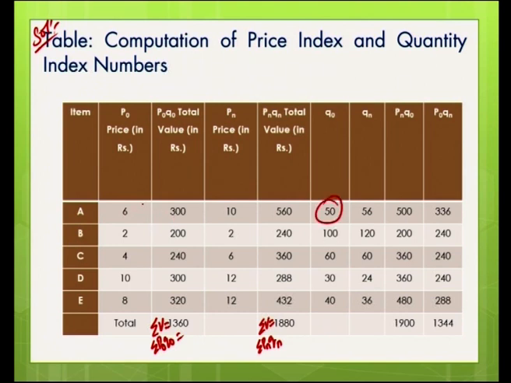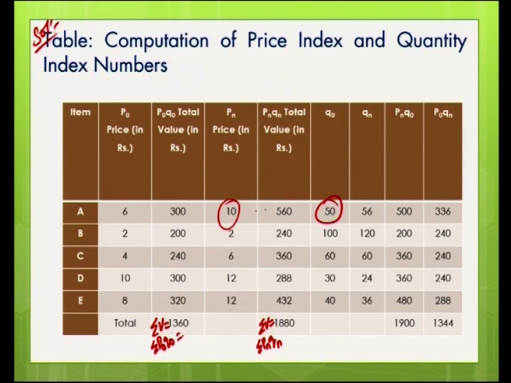Okay, and then Q naught, how this 50 is calculated? 300 divided by 6 is Q naught values, because P naught Q naught is 300 and P naught is 6, therefore 300 by 6 is 50. Similarly, Qn values are 560 by 10 is 56, and then Pn into Q naught is required. Pn is 10 and Q naught is 50.